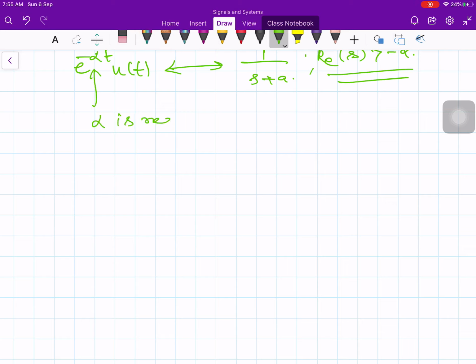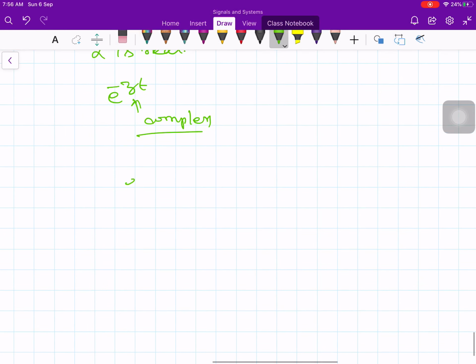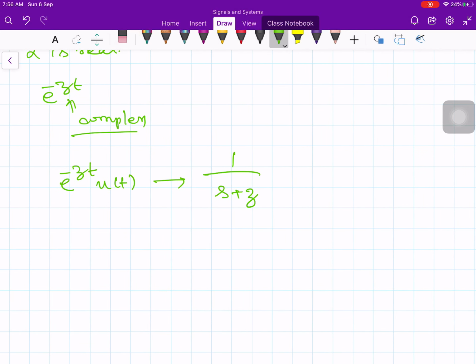Even if you have e to the minus zt, where z is complex, we can go through the same arguments, same analysis. Finally, for e to the power of minus zt times u of t, the Laplace transform is 1 over s plus z. But now the ROC is that the real part of s must be greater than minus of the real part of z.